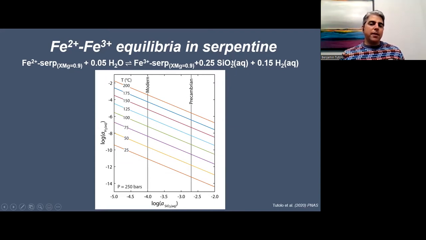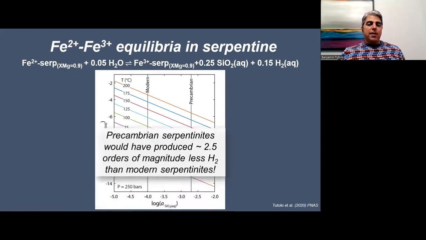If we assume that silicon activity is the main driver of this process, which is consistent with the fact that silicon is coming in with the inflowing seawater solutions and hydrogen is being produced, then we can calculate the relationship between the activity of hydrogen and the activity of silica, and compare that between modern oceans, where we have about 100 micromolar of silicon in seawater, and the ancient oceans, the Precambrian oceans, where we would have been closer to amorphous silica saturation.